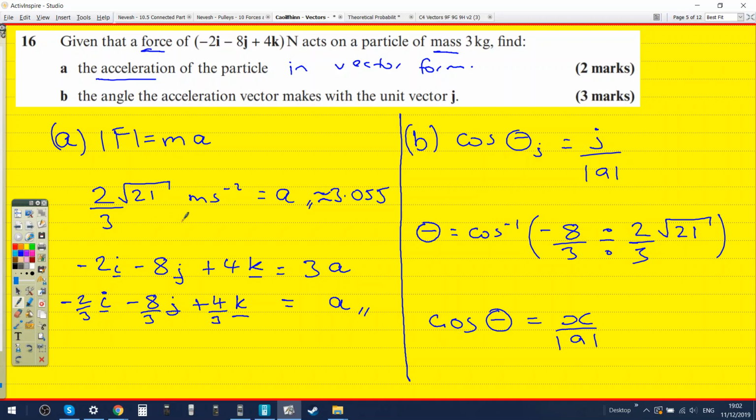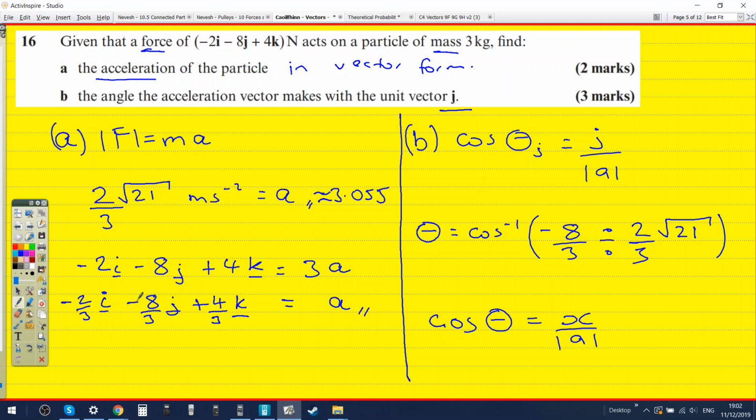Let's see. So the acceleration vector. They should have said in vector form, but I suppose we needed this thing anyway. So F equals ma, force, mass, acceleration. That part was easy, or it's even easier in acceleration in vector form. And then they wanted it with the unit vector j.